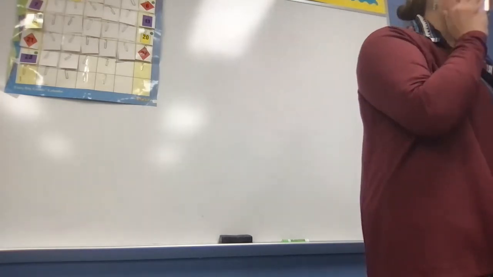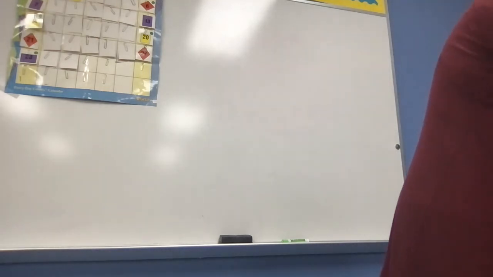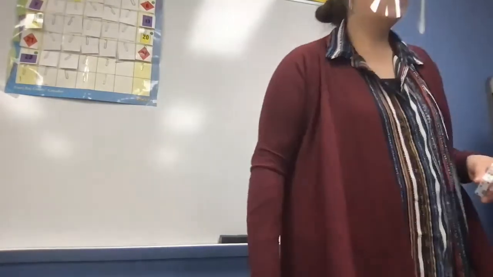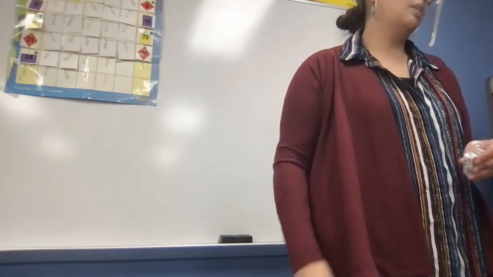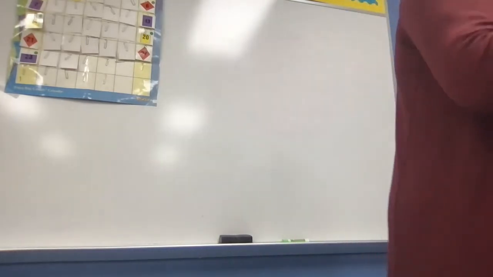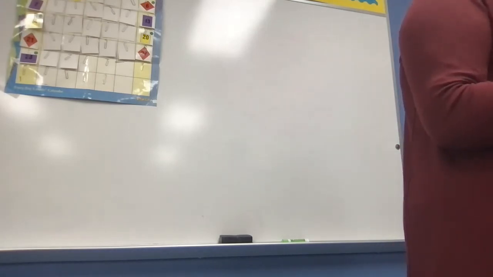And then now you have 3 methods. You can do it in your head. You can use your 10 frames or your number line to solve 3 minus 2. Which one are you going to use? Okay. What are you left with?